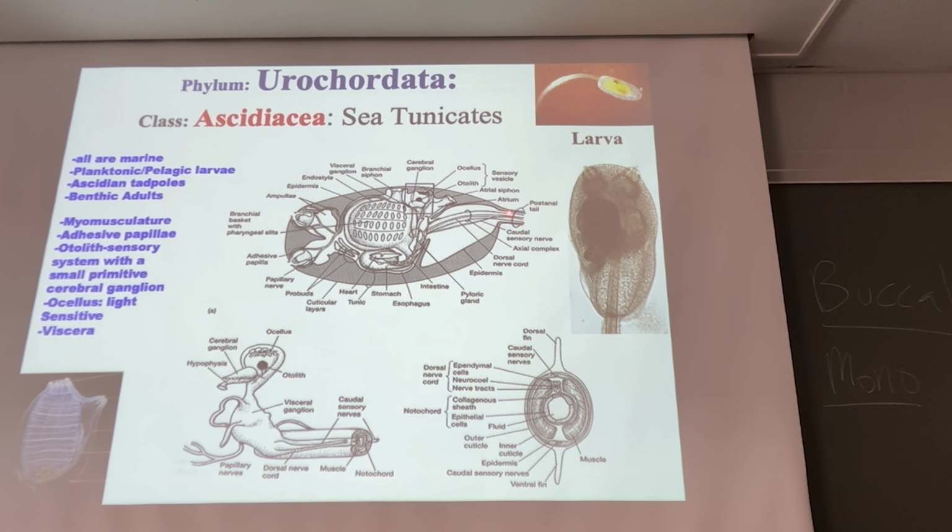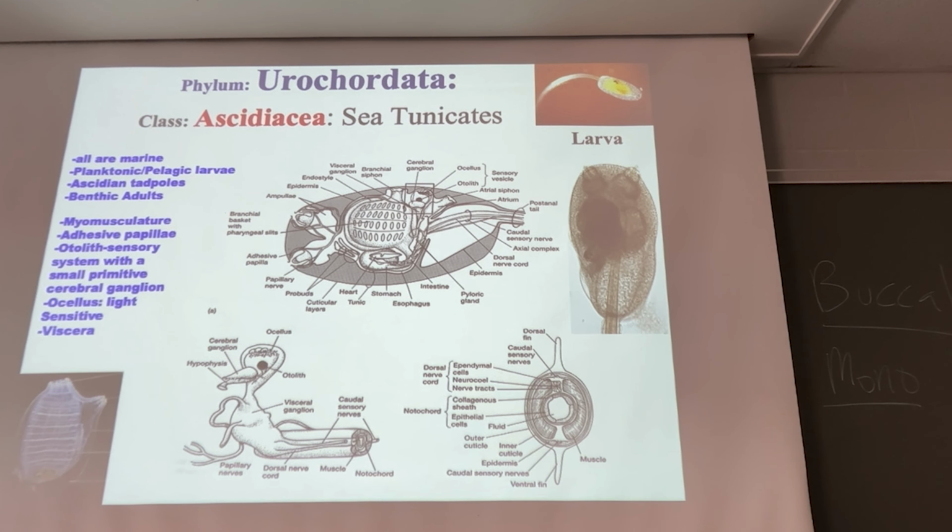Now, when you look at their anatomy, at least as a tadpole, they have two suction cups, which are called adhesive papillae. This word papilla is a word you'll see a lot if you do any kind of anatomy. Papilla means knob or nipple shaped, or just something that looks like a rounded edge or hill.